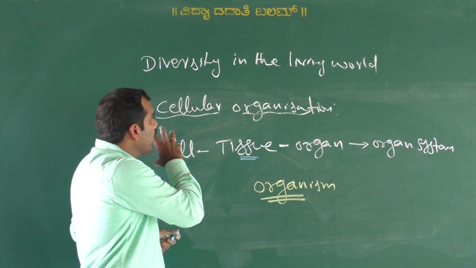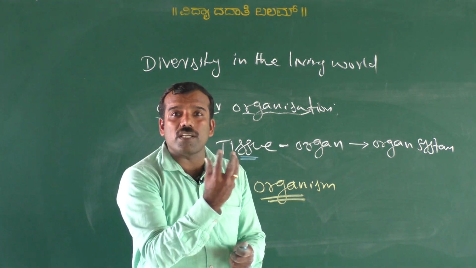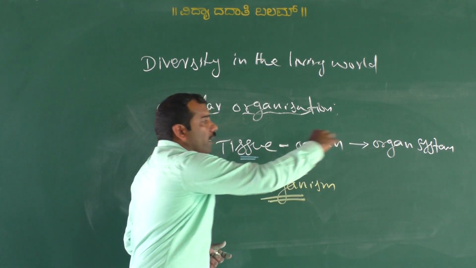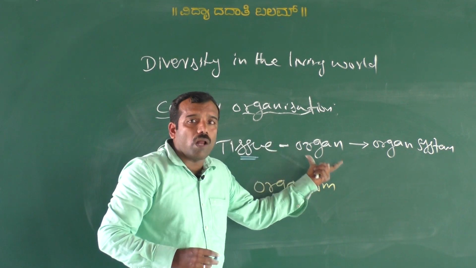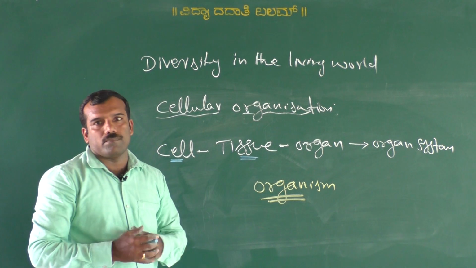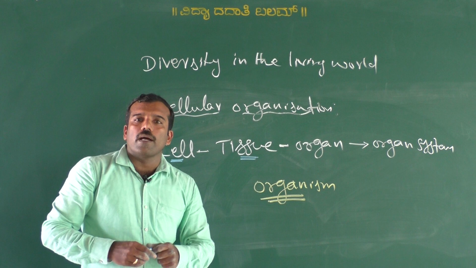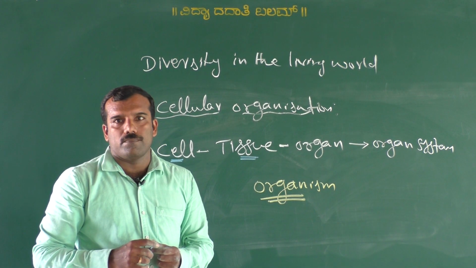So in a living organism there is interaction, resulting in the formation of different grades, from cell to tissue, tissue to organ, organ to organ system, and then a complete organism. This is also one of the very important defining characters of living organisms.